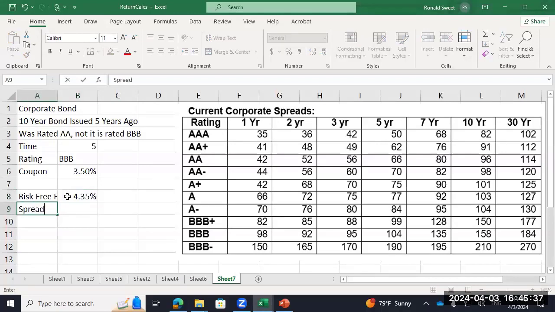What's the spread? Someone tell me the spread. I heard it. Say it loud. 104. How do you convert basis points into a percent? Divide by, anybody remember? 10,000.